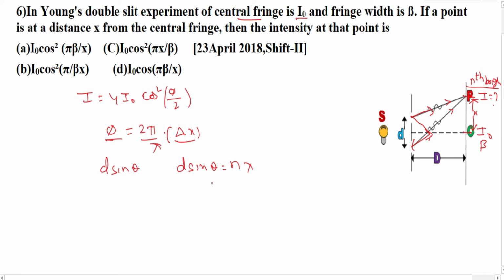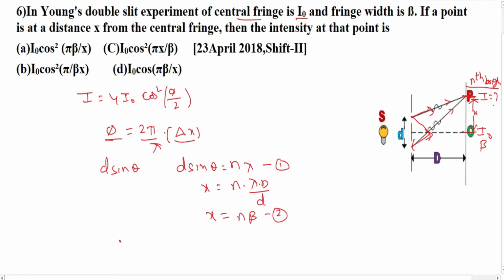The next point is, we know that the distance of the nth bright fringe from the central maximum will be x, that is equal to n lambda capital D by small d. This can be written as n beta. Now let me take this as equation 1, and this x, which is nothing but the distance of nth bright fringe from the central maximum, let me take as equation 2.